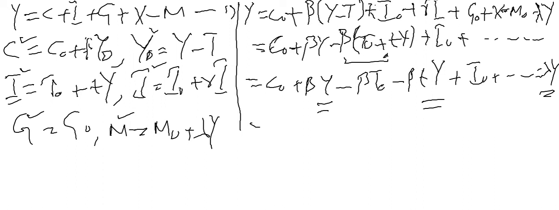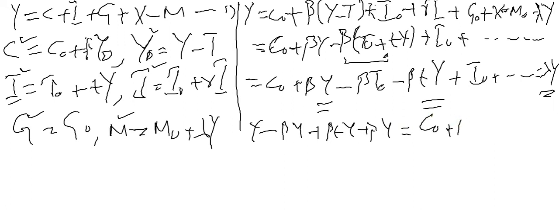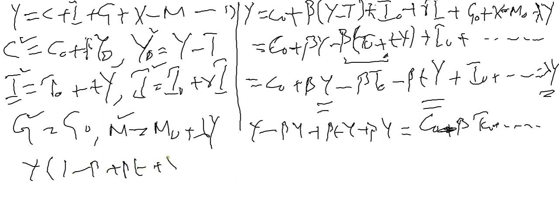We can say that Y minus beta Y plus beta tY plus lambda Y is equal to C naught minus beta T naught and the rest. Just take Y as common. It means I write here Y into 1 minus beta plus beta t plus lambda.